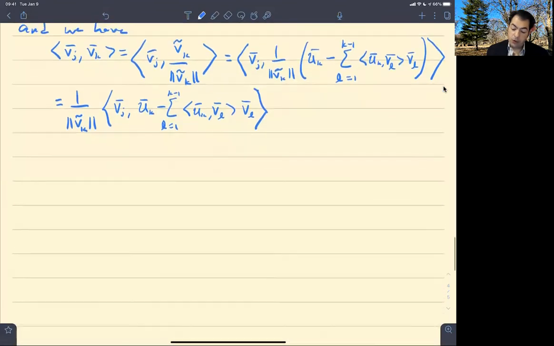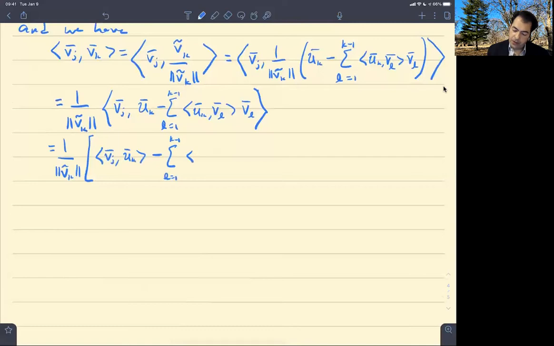Now we'll use that this is additive in the second entry to write this as 1 over the norm of Vk tilde times the inner product of Vj against Uk, minus the sum l goes from 1 to k minus 1 of the inner product of Vj against the inner product of Uk with Vl times Vl.